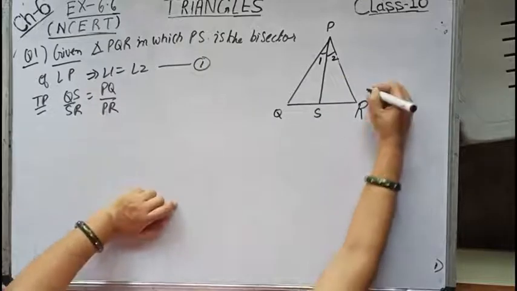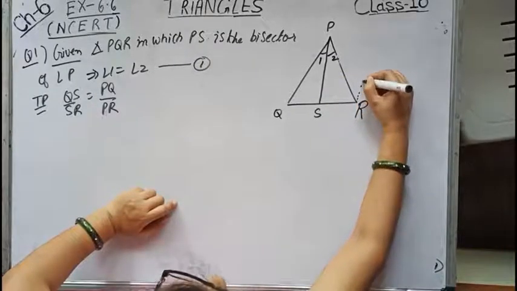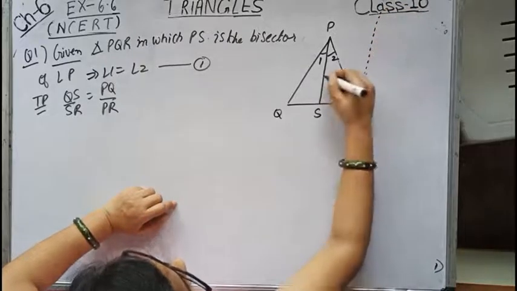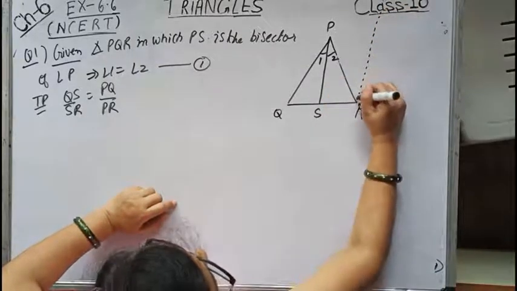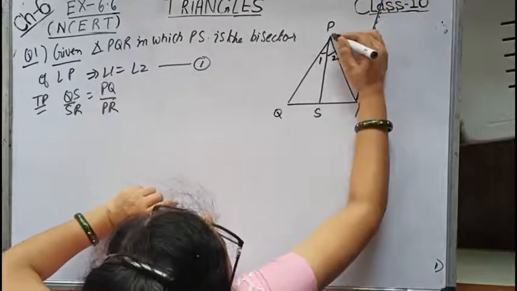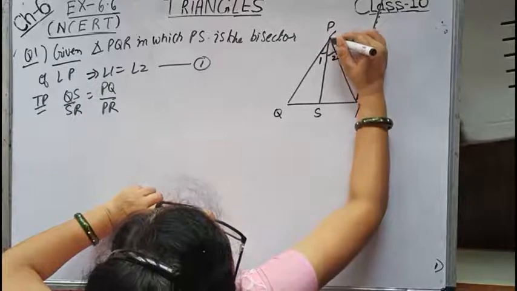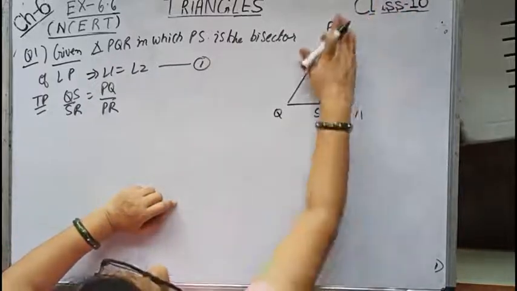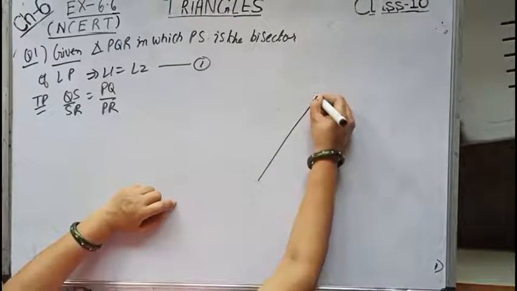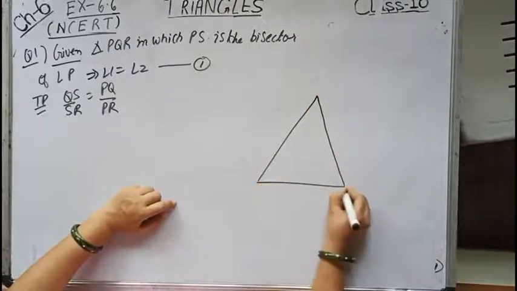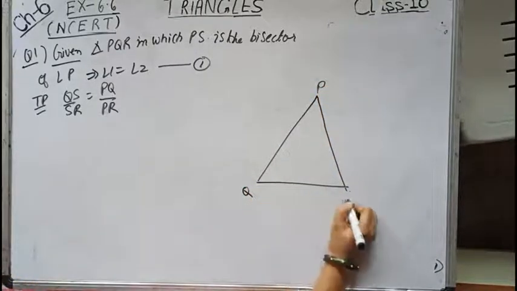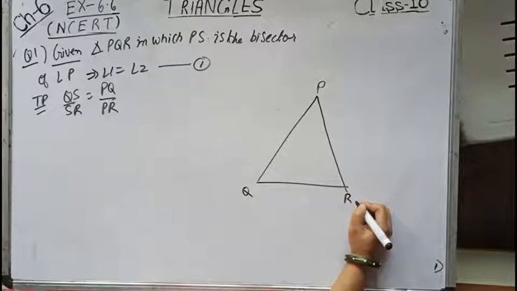For that, let us draw a line parallel to this SP, drawn in such a way that it should meet. It's not fitting. Let me draw again. Triangle P, Q and R. Naming in the figure, if it is given, we cannot change.